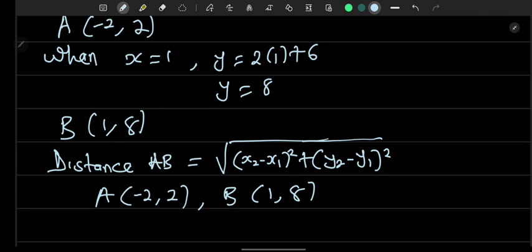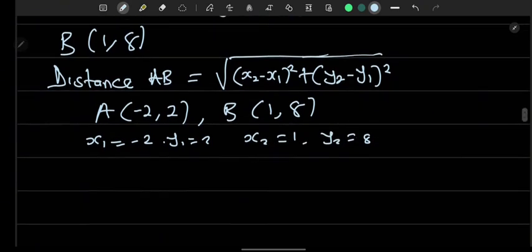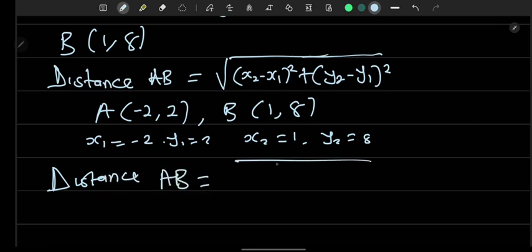So our x1 here is -2, y1 is 2, x2 here is 1, and y2 is 8. So by substitution, we have the distance of the points A and B to be the square root of (-2 minus 1) squared plus (8 minus 2) squared.